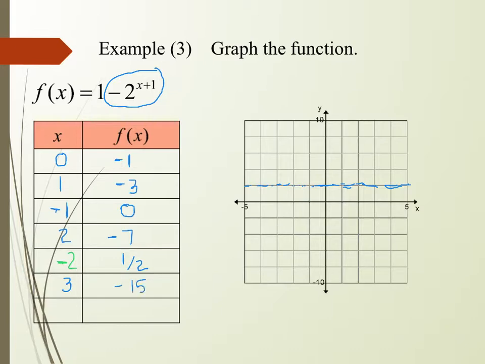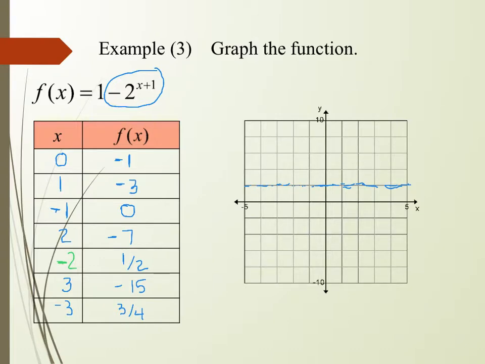But a negative 3 is going to be a negative 2, so a negative 2 raised to the negative 2 power is a negative 1/4, so this is going to be 3/4. So I'm getting closer to 1, but do I ever get there? The answer is no.